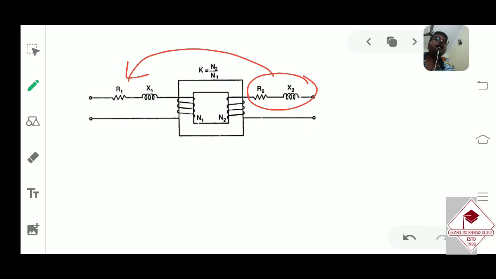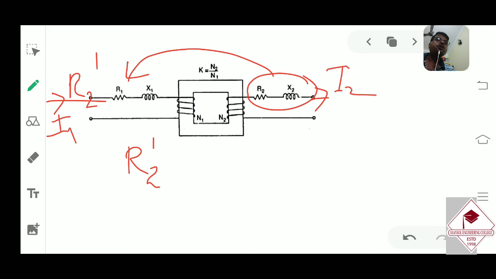Let us say that R2 is being transferred to the primary side, and the value in the primary side becomes R2 dash. Suppose the resistance here becomes R2 dash in the primary. What is the current flowing in this primary side? It is always I1. What is the current flowing in the secondary side? It is I2.